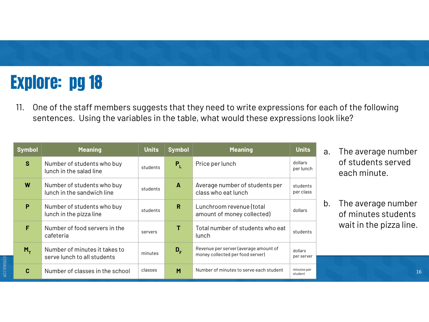So we're talking about the average number of students. We only have three lines: a salad line, a sandwich line, and a pizza line, served each minute. Then we're going to have it over minutes. Which one was that again? Oh yeah, the number of minutes it takes to serve students.